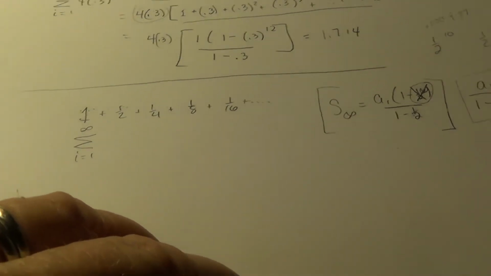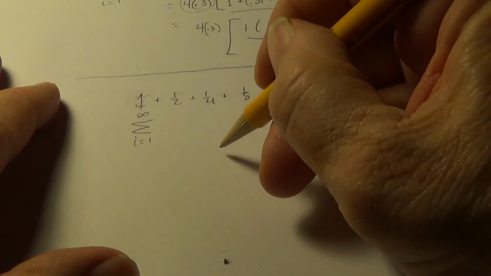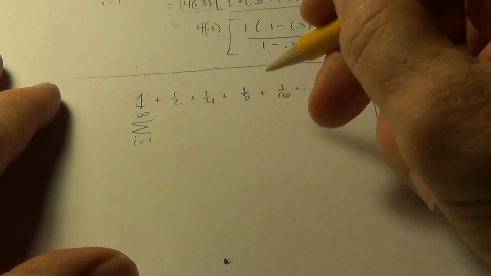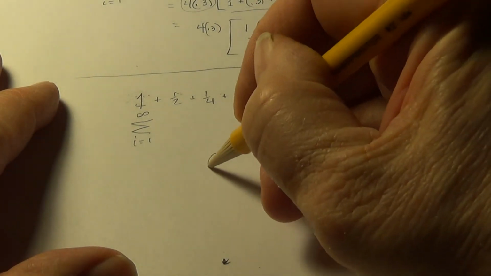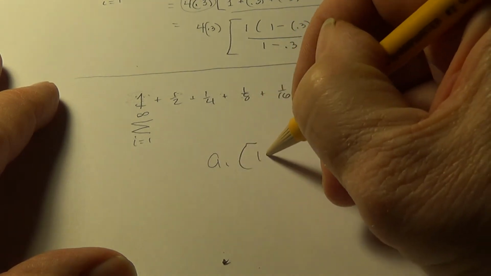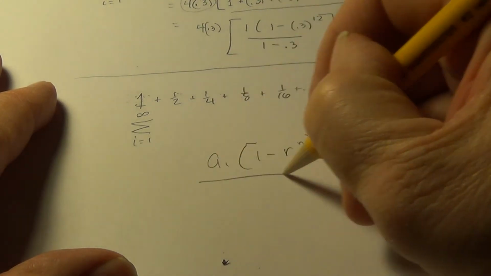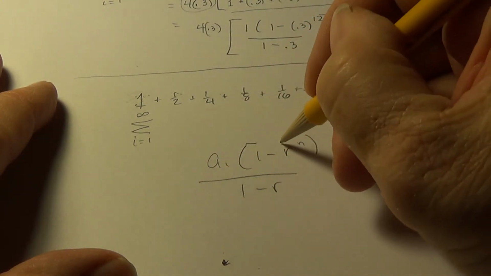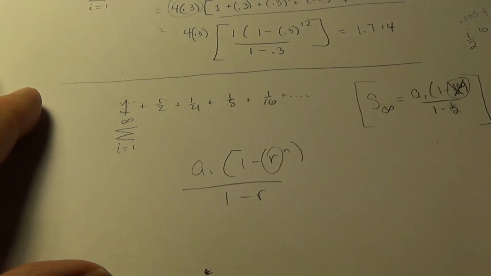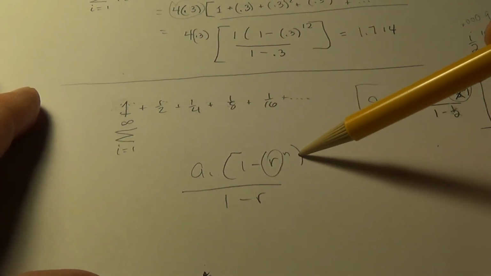All right, I will mention that this formula doesn't always work, because look at this, a sub 1 times 1 minus r to the n over 1 minus r. It only works for certain r's, because that's why I said sometimes we can do it and sometimes we can't.